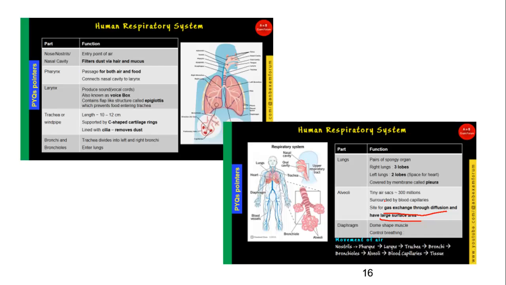These are surrounded by the capillaries, and these are tiny air sacs basically. There are many other parts I'm not revising in today's session. We will take a separate session on the human respiratory system, but as of now you can see these are the parts and these are their functions.